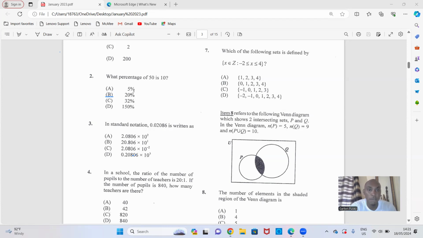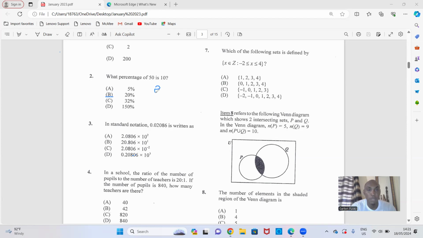We can get 5 of that. If you look back at the question, how many 10s can we get from 50? It's 5. So these two actually match up. 50 divided by 10 is 5, and 100 divided by 20 is 5. So it means 20% of 50 is equal to 10.